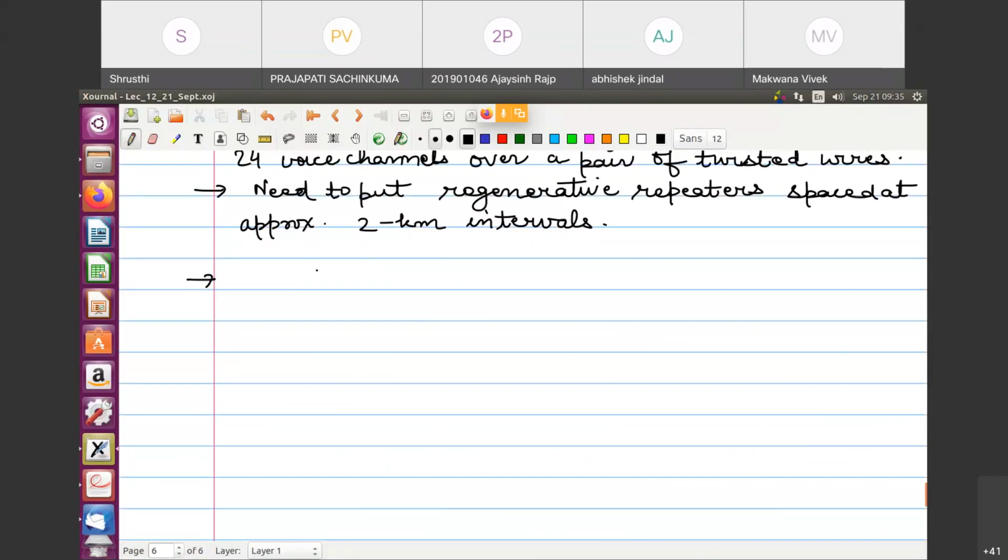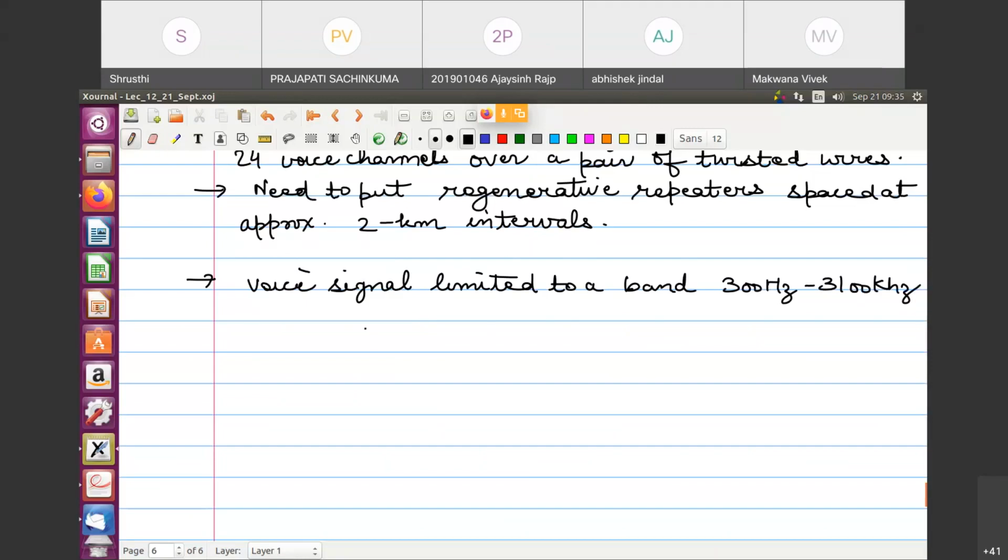So in this system, we know that the voice signal is limited to a band, and this is quite right, 300 hertz to 3100 hertz, that is what they assume.